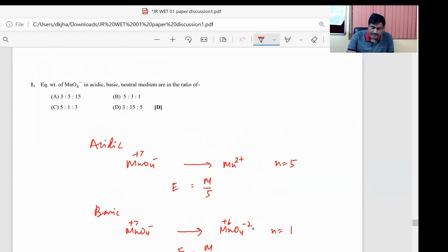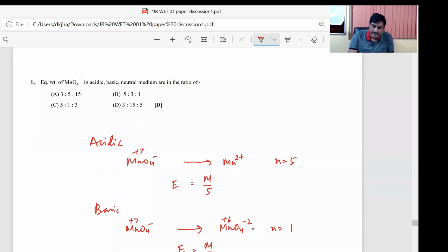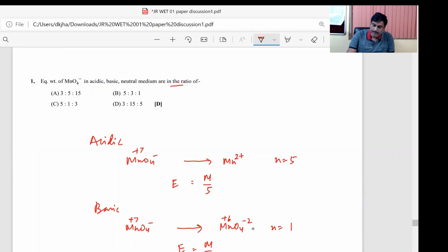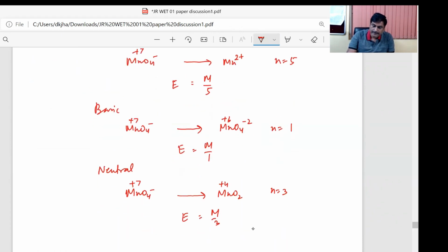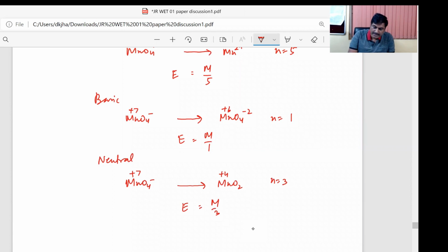What we have to find is the ratio. Here we are getting the equivalent weight in the acidic medium M by 5, in the basic medium M by 1, and this one is M by 3.